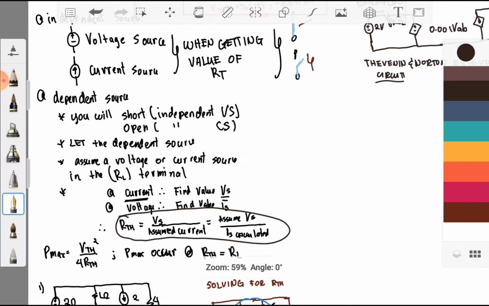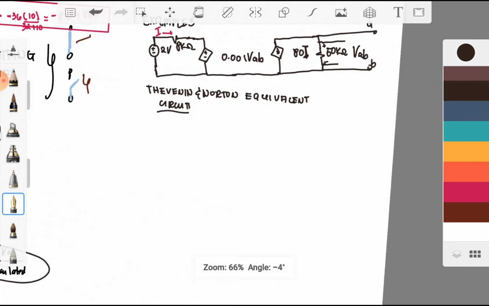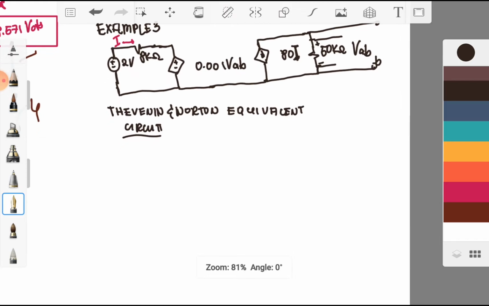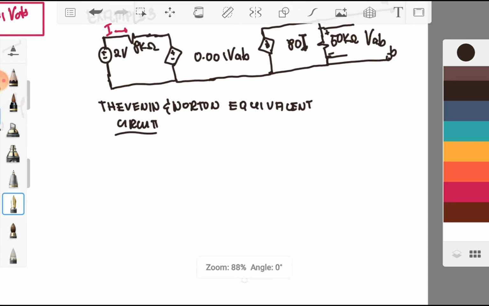Or you're calculated. If you will assume a current source here, you will calculate for the value of your voltage source. If we assume a voltage source here, we will calculate for the value of your current source. Okay? So, let us find for the value of your RTH.